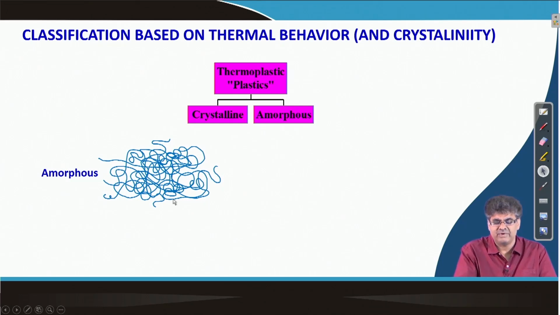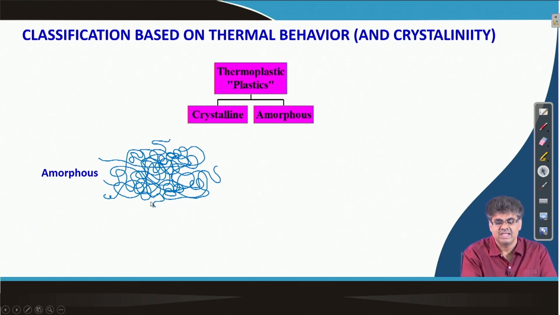So, amorphous polymers, as I discussed just now, are large molecules that are not linked with each other, but because they are large, they are entangled with each other. As a result, when we heat it above a certain temperature, they become a soft, high viscosity melt, and when you cool them they become hard again.